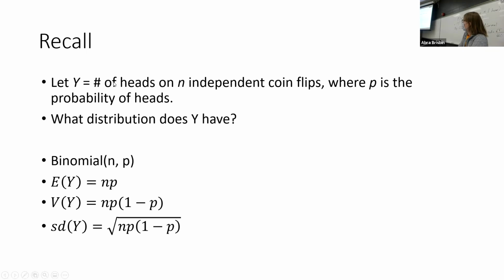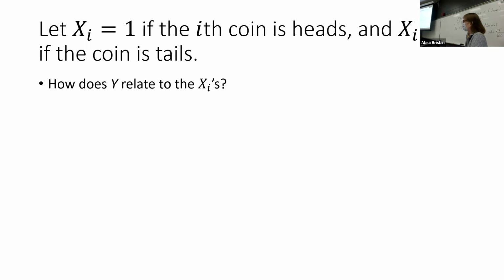So y is the total number of heads that you get on all n coin flips. Davis? The sum of the x's. Yeah, y is the sum of the x sub i's as i goes from 1 to n.